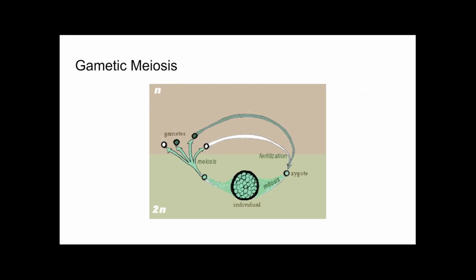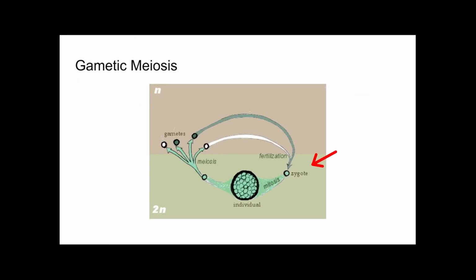If you follow from the individual, you can see that through meiosis, the 2N state is reduced to N. That is, the number of chromosomes is halved, and those gametes are N. Or you could think of N as 1N because they're half the number of chromosomes. Those N, or haploid gametes, then recombine through fertilization and create a zygote.